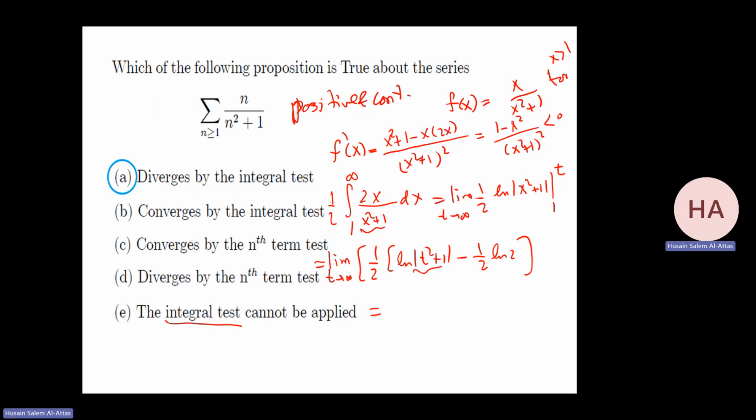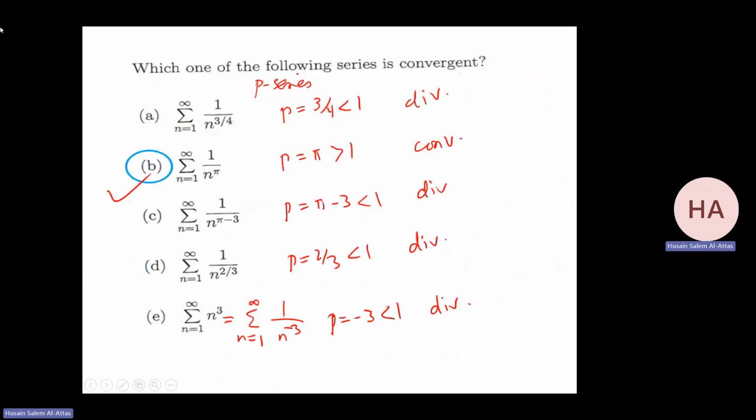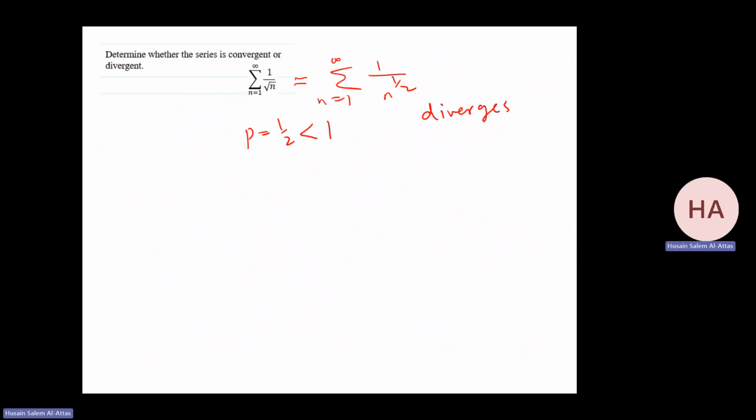As t goes to infinity, this is infinity, so it diverges. So the series diverges too. I think that is a good number of examples to explain this integral test.